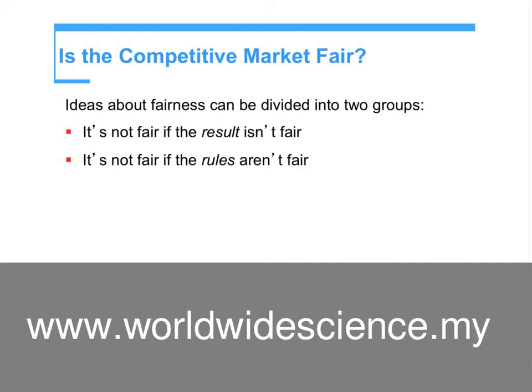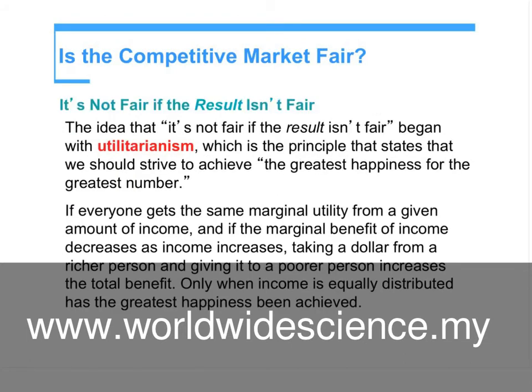If everyone gets the same marginal utility from a given amount of income, and if the marginal benefit of income decreases as income increases, taking $1 from a richer person and giving it to a poorer person increases the total benefit. Only when income is equally distributed has the greatest happiness been achieved. So this is one way of looking at things.